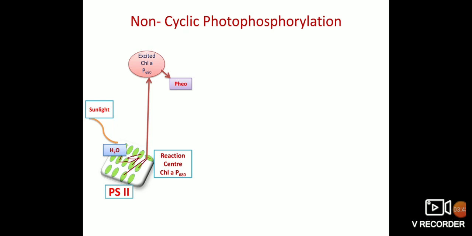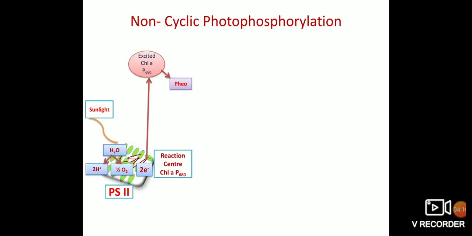The loss of the electron causes the P680 molecule to become positively charged, and it then attracts electrons from the water molecule. Thus, the water molecule splits in the presence of sunlight into protons, an oxygen atom, and it also liberates two electrons.